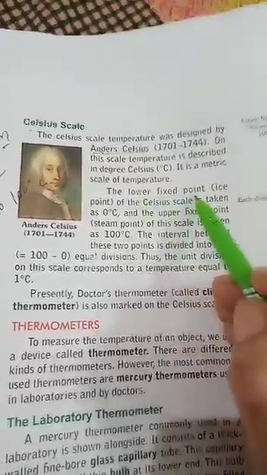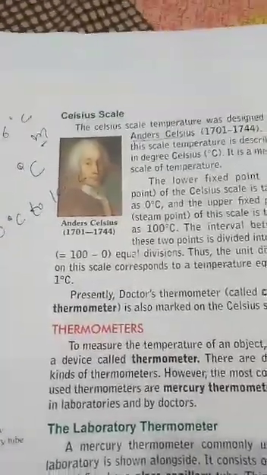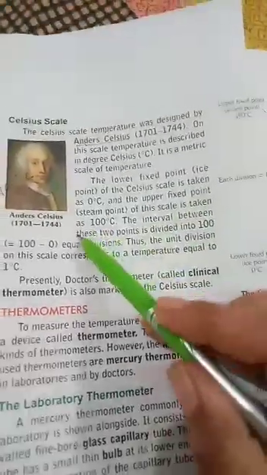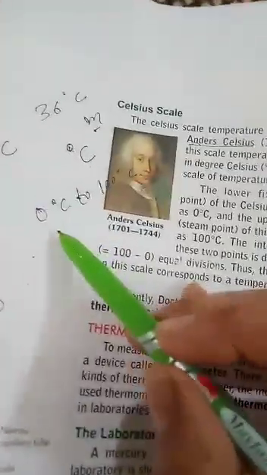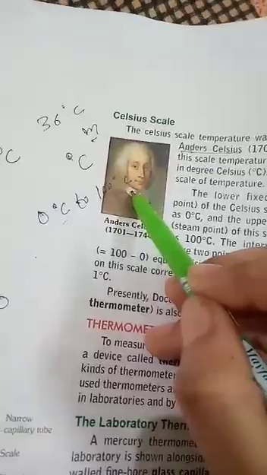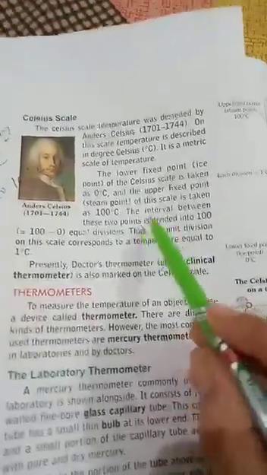The lower fixed point of the Celsius scale is 0 degrees, meaning the minimum temperature it can measure is 0 degrees Celsius, and the upper fixed point, meaning the highest temperature it can measure, is 100 degrees Celsius. Neither less than 0 nor more than 100. In between 0 and 100 it can measure the temperature.